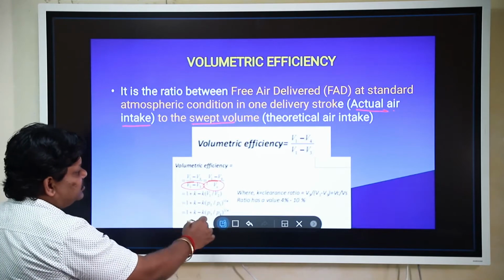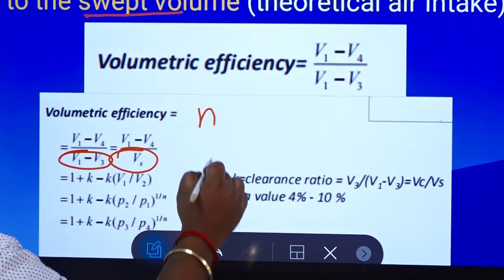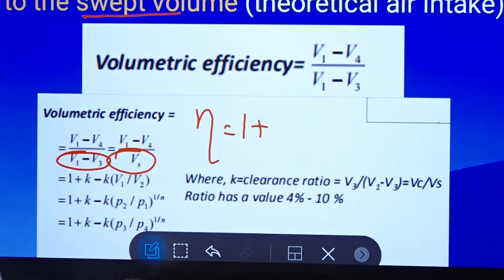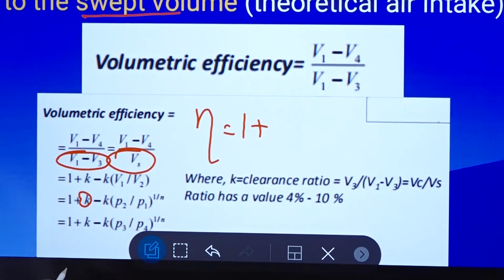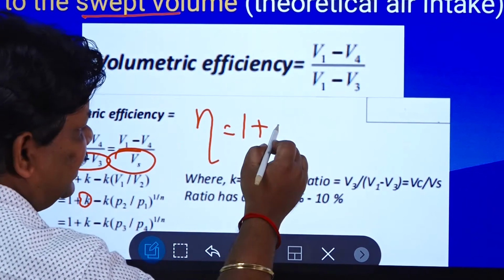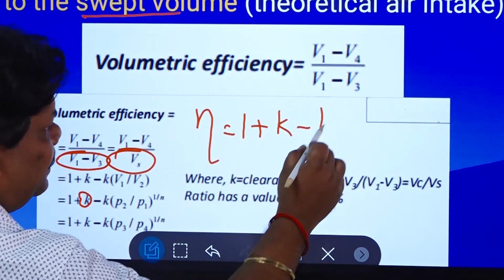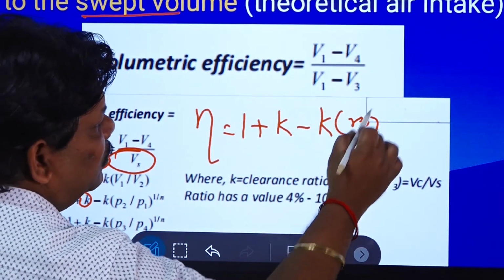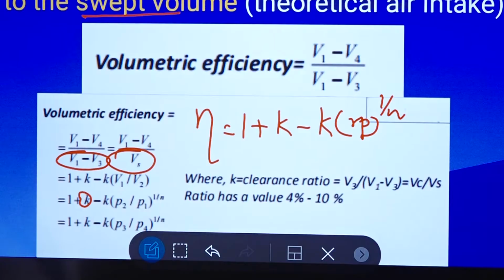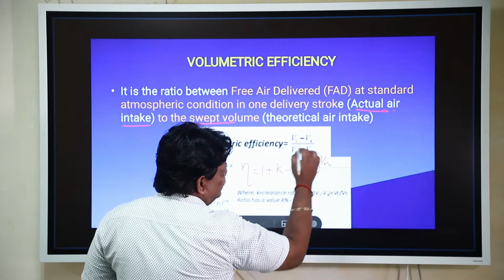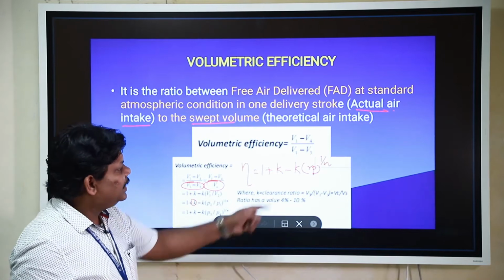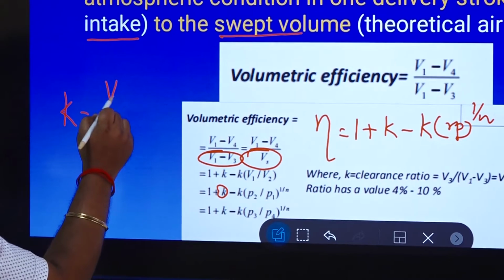From this you can arrive at an equation for the volumetric efficiency: eta equals 1 plus K, here given as K, you can take K or C, whatever you like, minus K into Rp to the power 1 by n. This K refers to the clearance ratio.